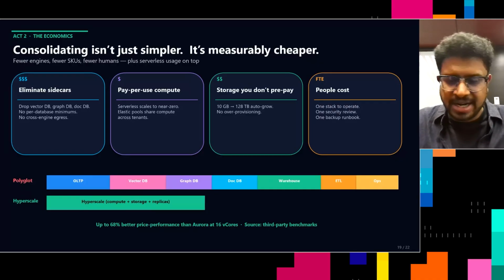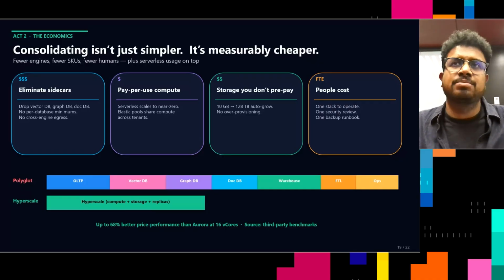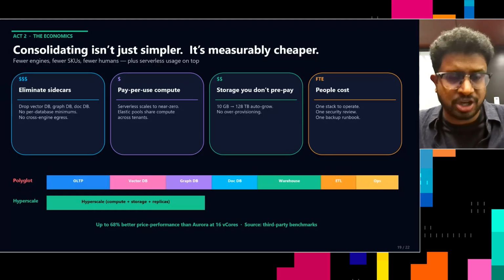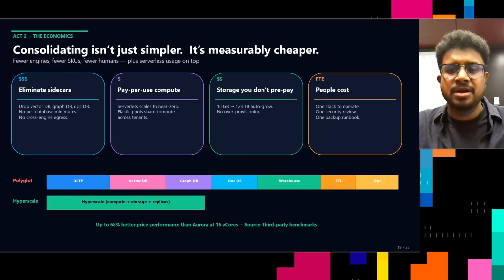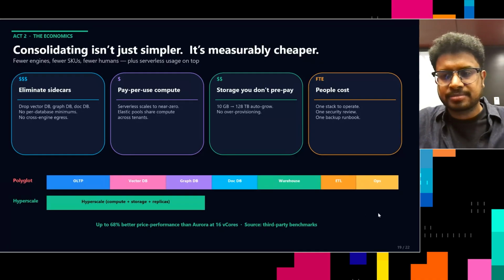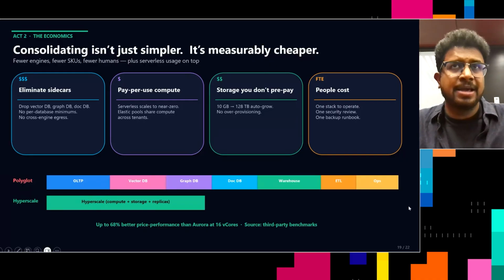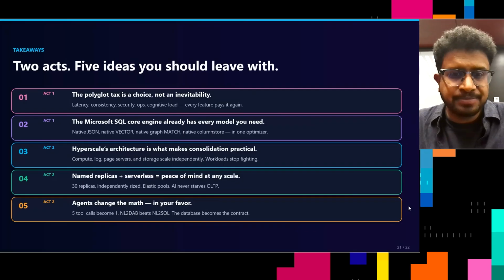That's a steal, right? That's why we say Microsoft SQL combined with Azure SQL Hyperscale has the best economics. By the way, one point I really want to touch upon is that Azure SQL Hyperscale is the database with a licensing-free model.